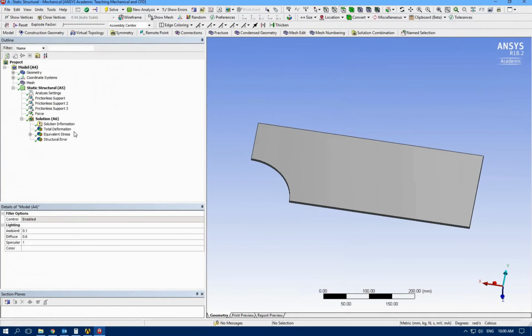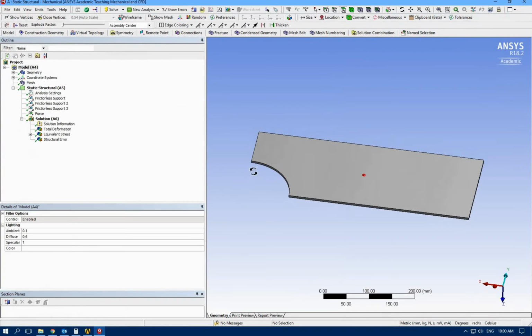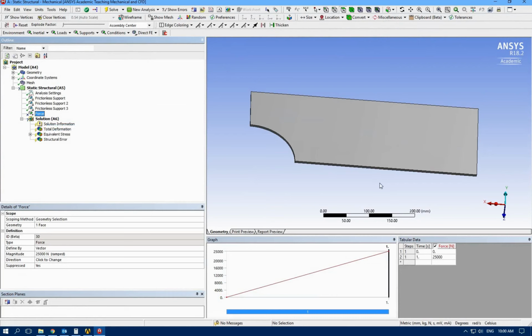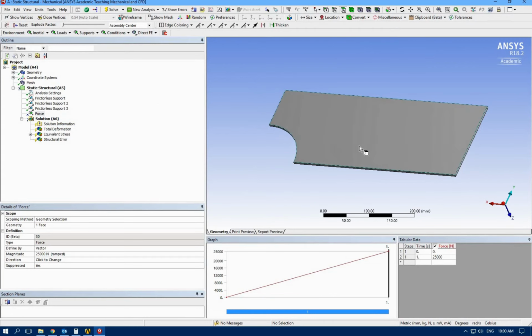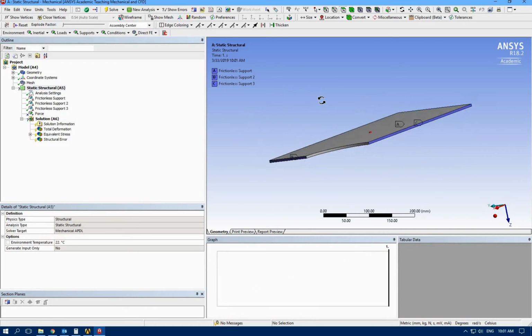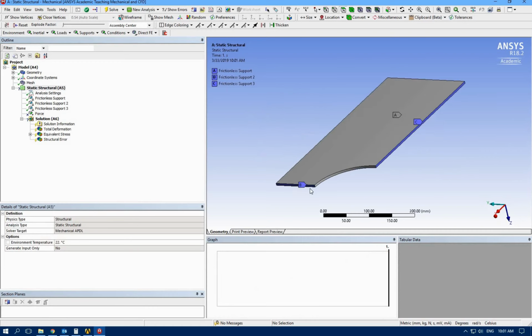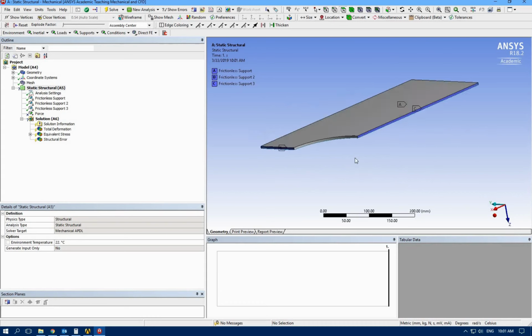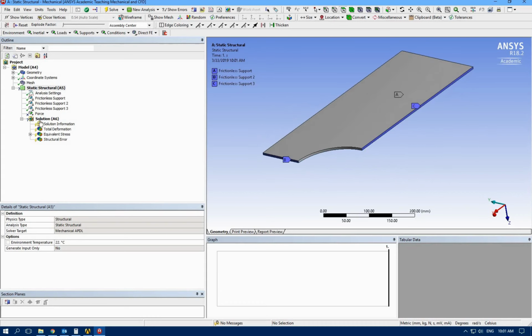I already opened it to not spend any time. Okay, let me suppress the force because we decided to use pressure at the left side, and it is going to be 100 megapascal. By the way, remember the supports we had? Let's check it. For this side, B, it's a frictionless support, C, another frictionless support, and for the bottom, we had one more frictionless support.